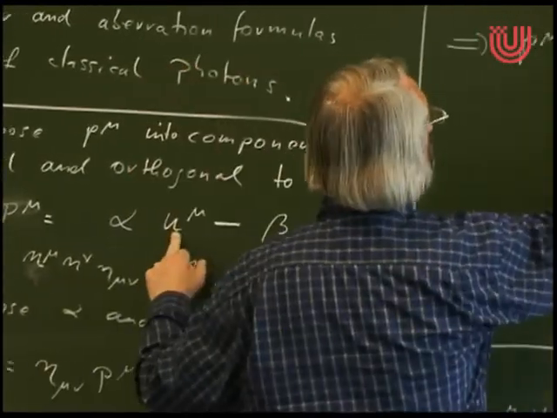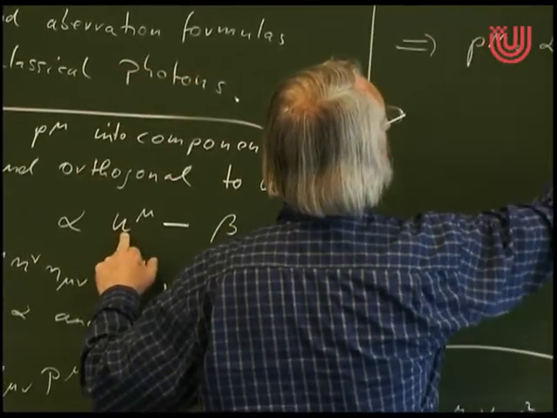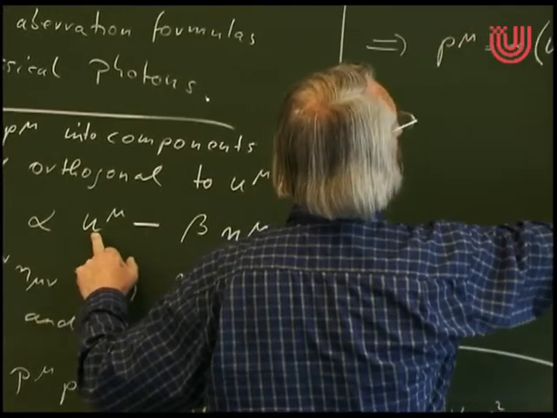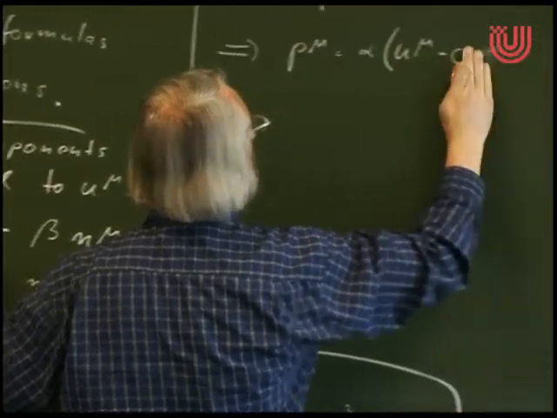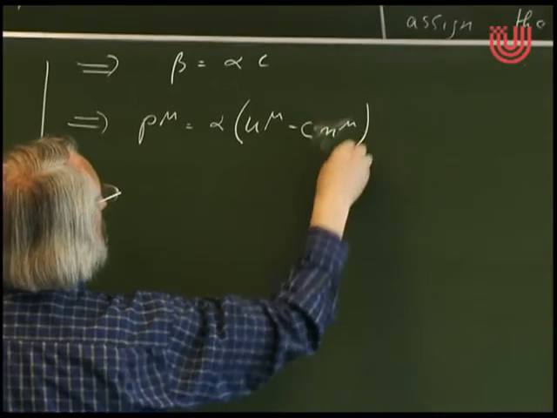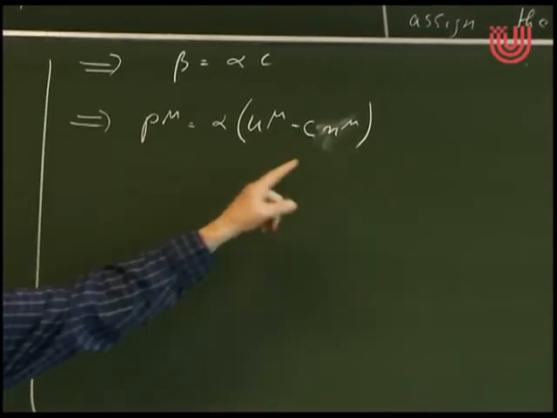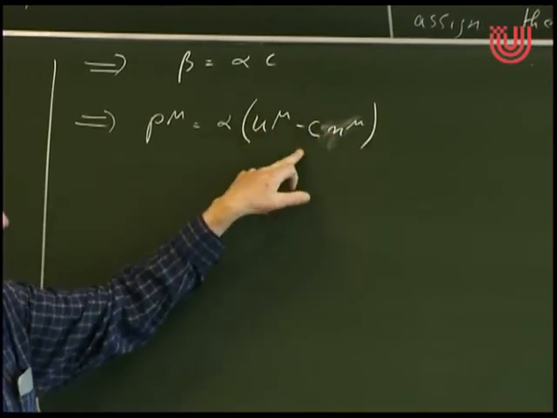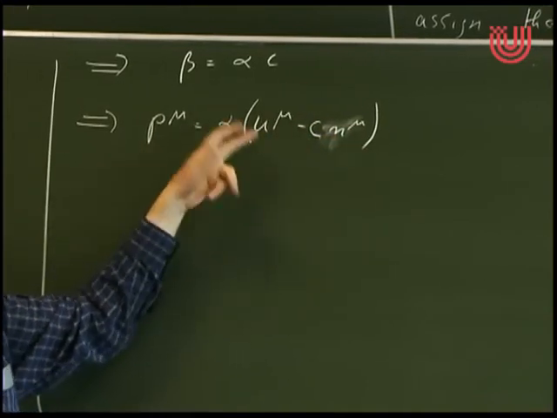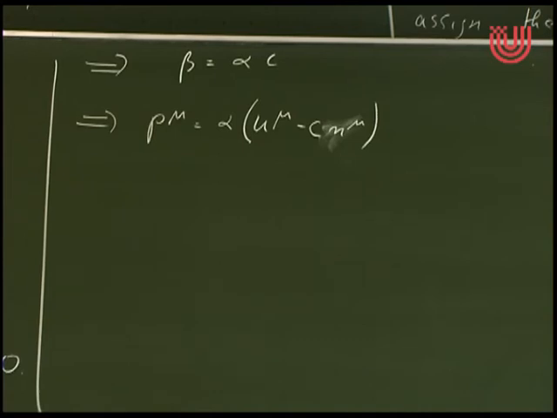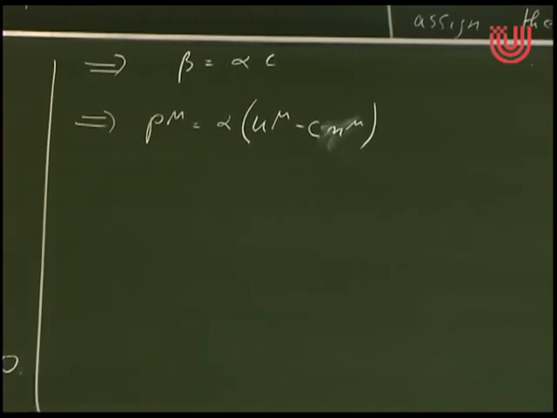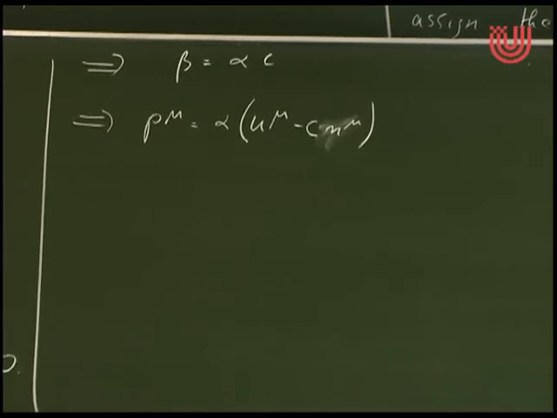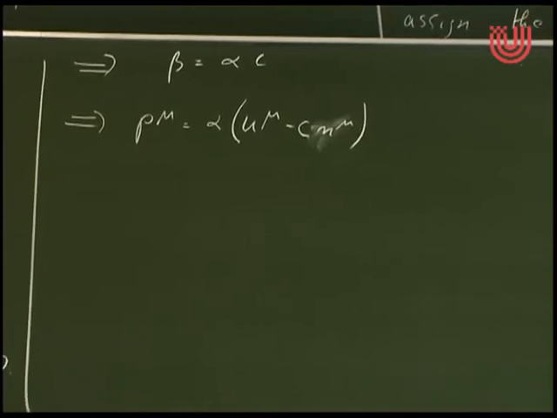And then I get u mu minus this c here times n mu. And this makes sense. Look at the dimensions. n is a unit vector, so it has no dimension. With a c here, it becomes a velocity, and that's also velocity. So I subtract 2 terms with the same physical dimension. So the question is, what's the meaning of alpha?